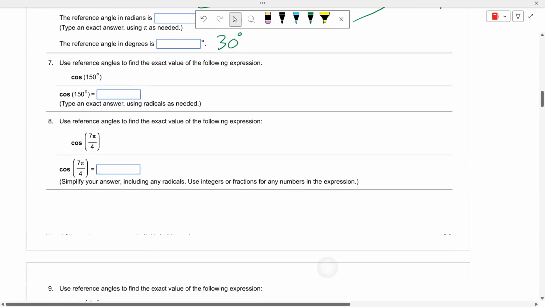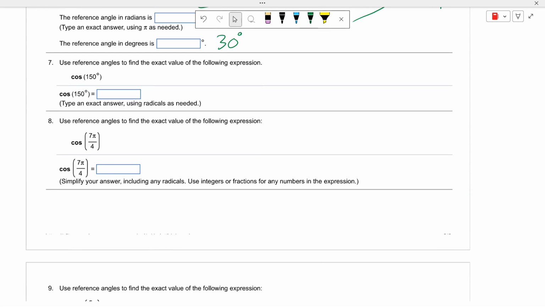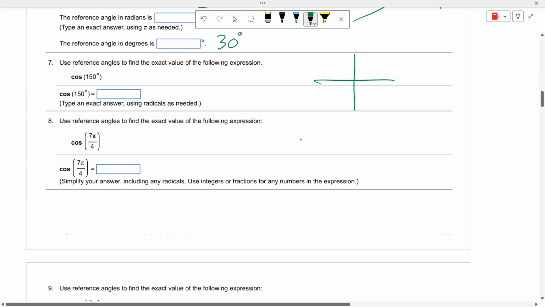It says use reference angles to figure out the following. What I say is you don't have to use reference angles. I mean, you can if you want, because 150 degrees is 30 degrees away. So cosine of 150 is the same as the cosine of 30.